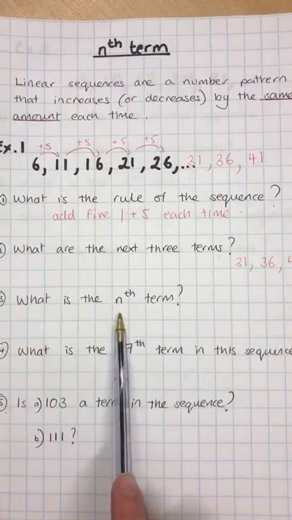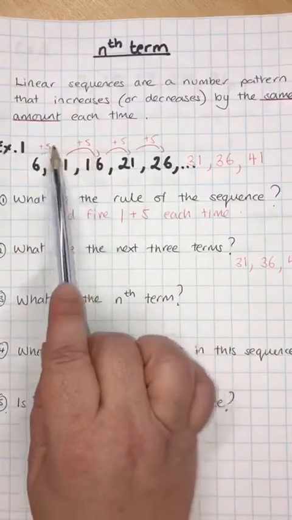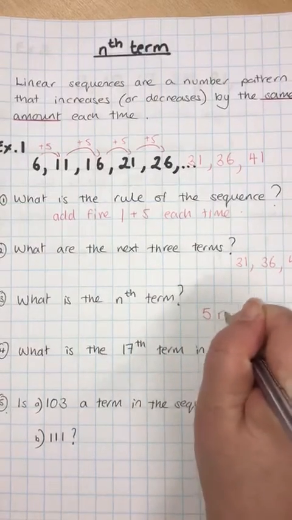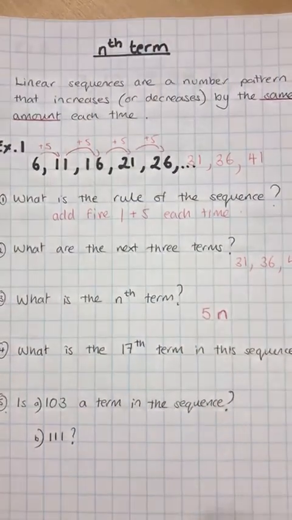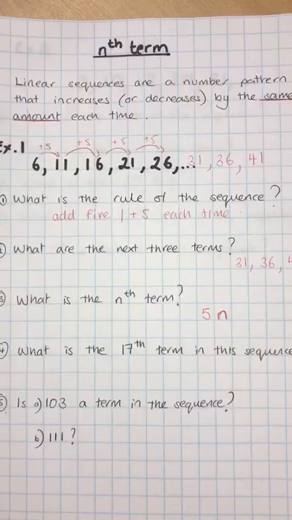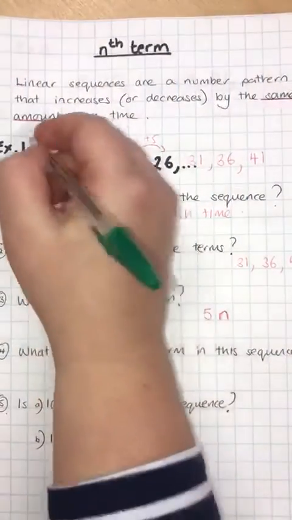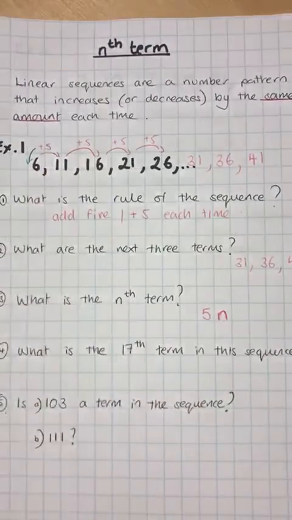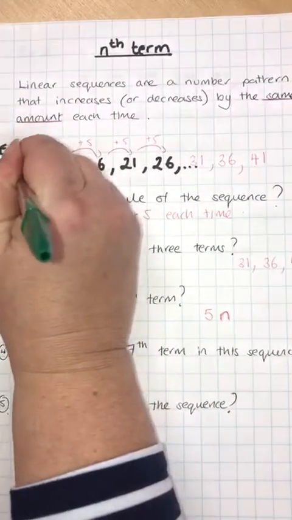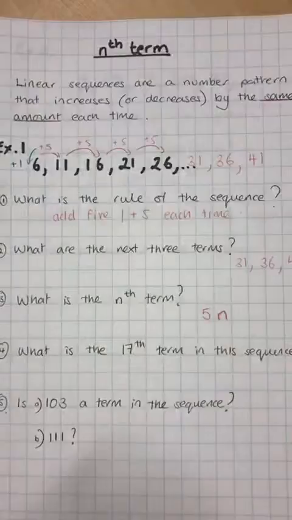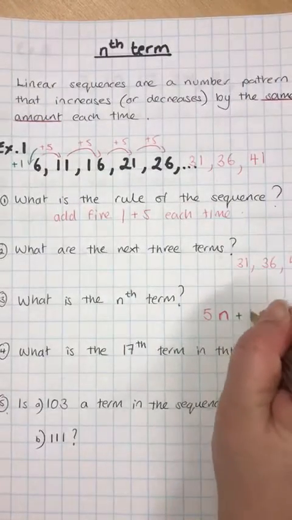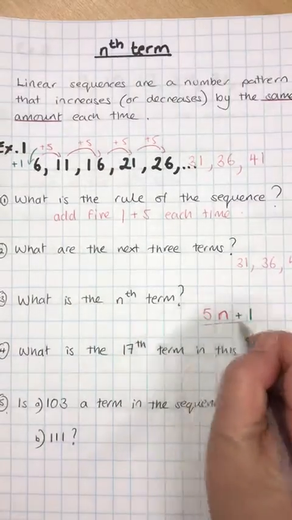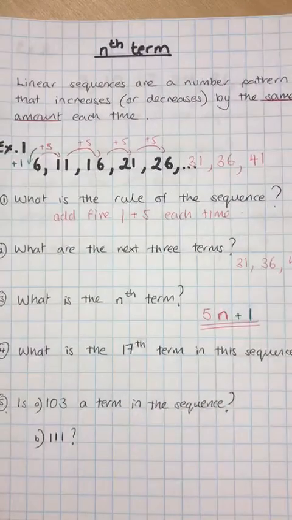To find the nth term, we look at the rule, and this number we write in front of an n. Now we have to see, what do we do to the rule to get to the first term? I add 1. And this gives me my nth term rule.